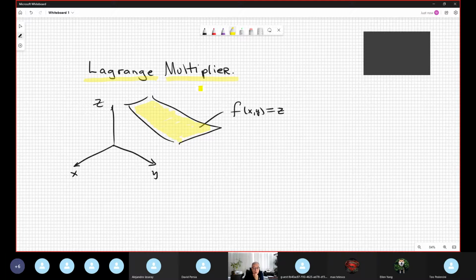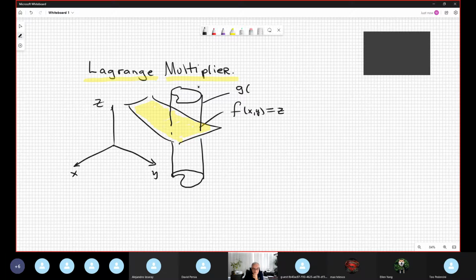And we have now one constraint. Suppose the constraint is another surface in 3D, like that. It touches here, and this is a dotted line because it's invisible, and continues in the direction. Okay, this is the surface that represents the constraint.